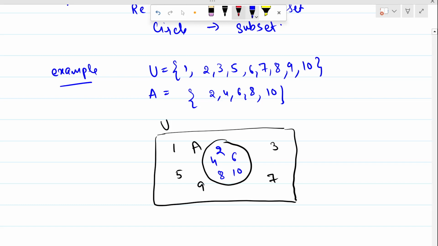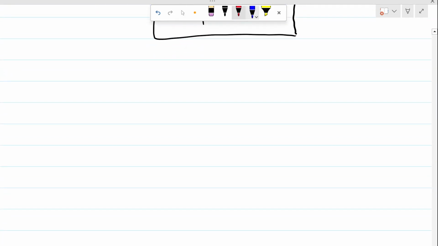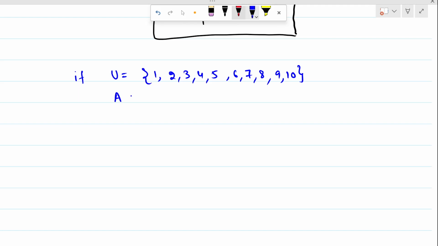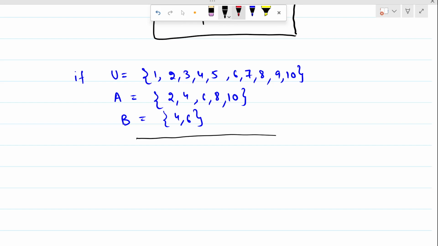Next, we have another example. If U is 1, 2, 3, 4, 5, 6, 7, 8, 9, 10, and A is equal to 2, 4, 6, 8 and 10, and we have another set B which is equal to 4 and 6, how do we represent it in a Venn diagram? First we construct a rectangle.